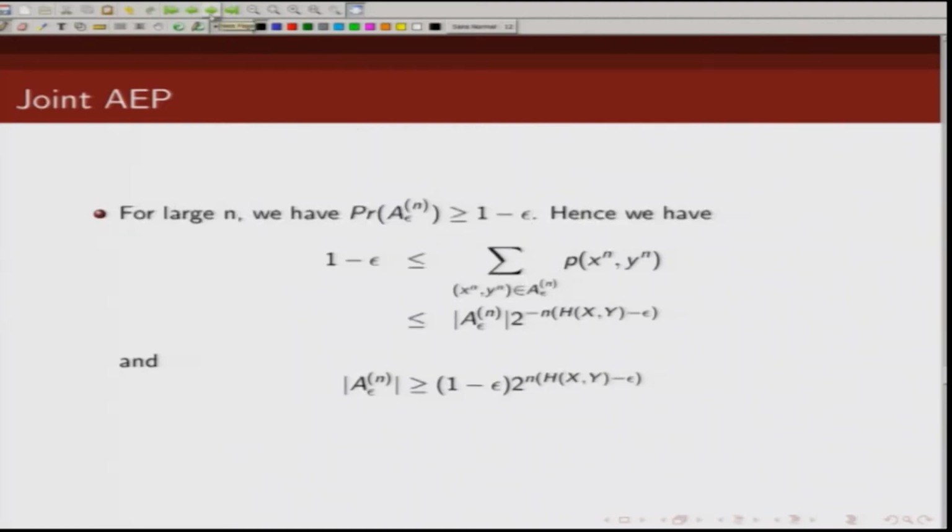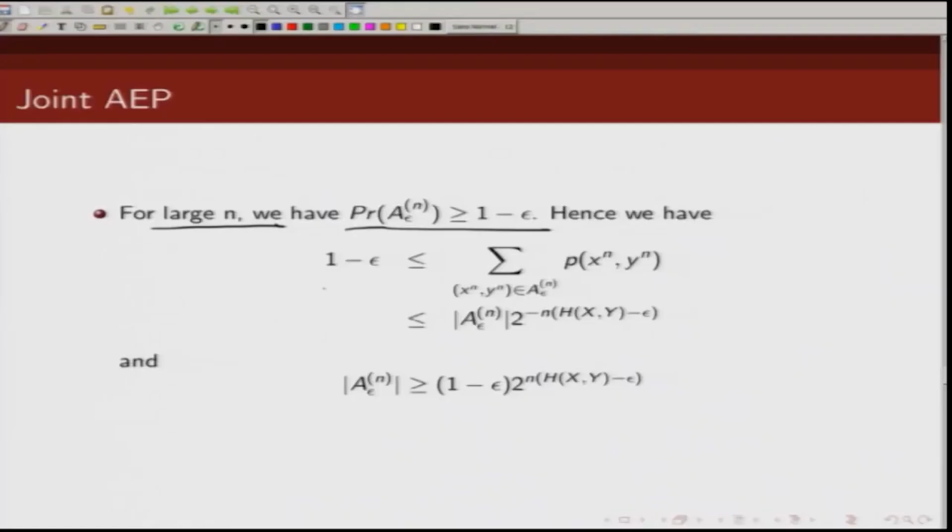Next, we have shown that as n goes to infinity, or n is large, the probability that x^n and y^n are jointly typical is greater than or equal to 1 minus epsilon. So, then we can write that 1 minus epsilon is less than or equal to this probability. Why? Because when n is large, the probability that x^n and y^n are jointly typical is greater than 1 minus epsilon.